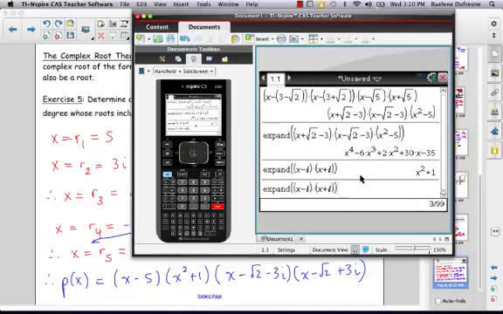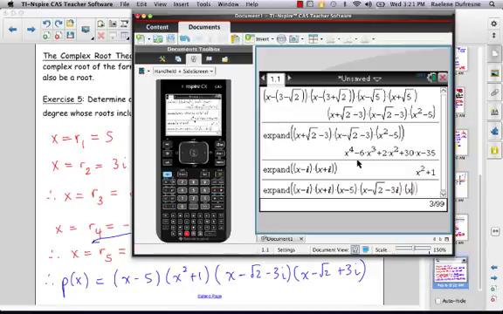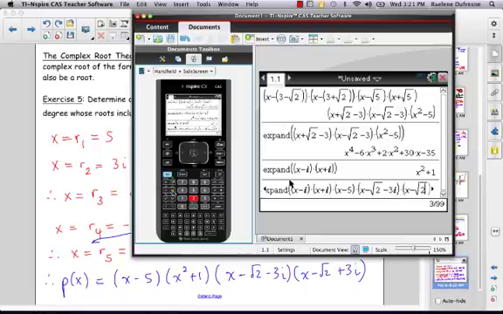So now I'm going to continue expanding, and I'm going to multiply by x minus 5 as well as x minus square root of 2 minus 3i, times x minus the square root of 2 plus 3i.